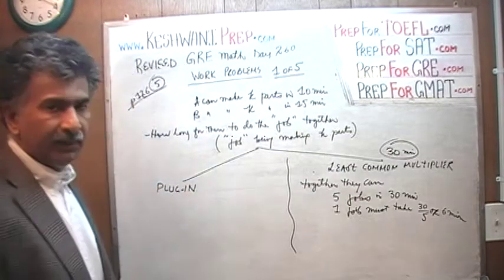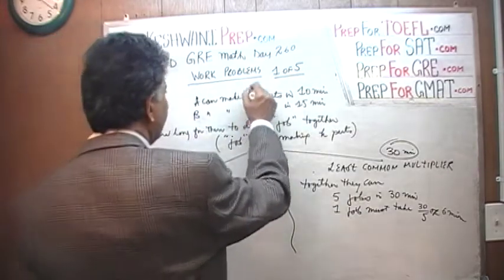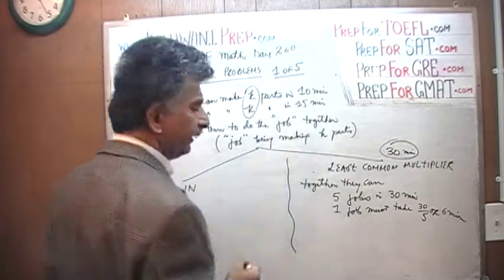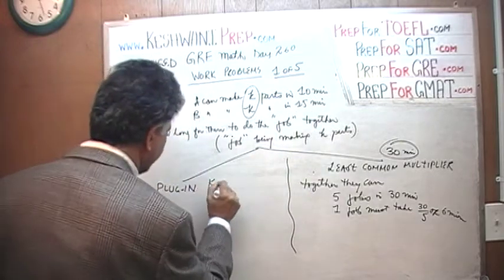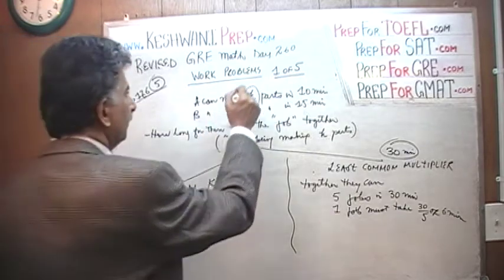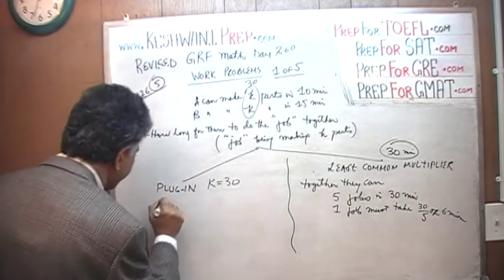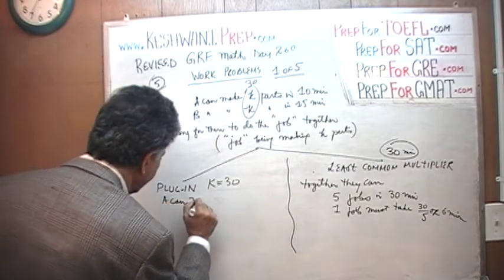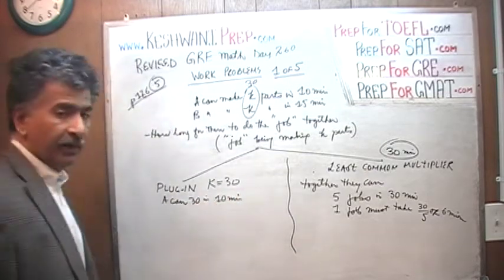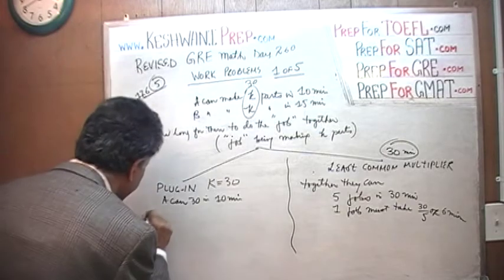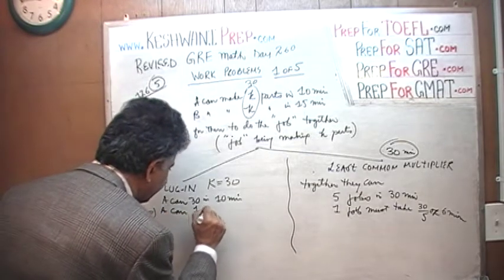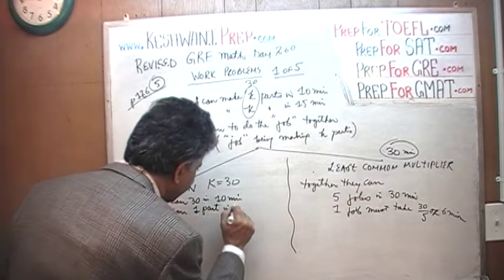Again, the same idea. Plug in some nice number for k that can be easily divided by 10 and 15. So let's plug in k equal to 30. What we're saying is that A can do 30 parts in 10 minutes. If A can do 30 in 10 minutes, that implies that A can do one part in 3 minutes.